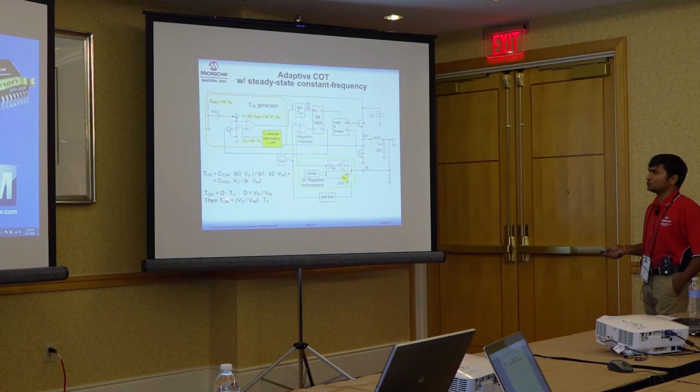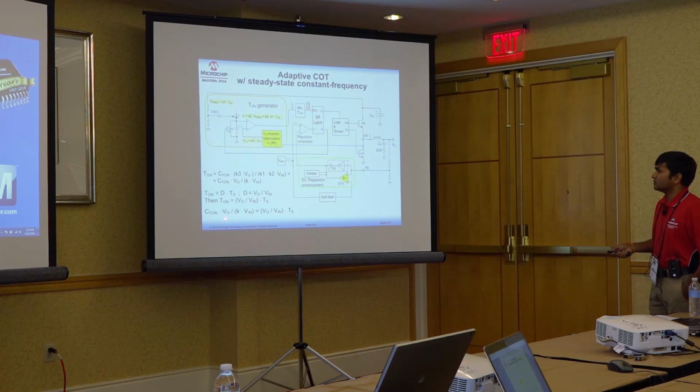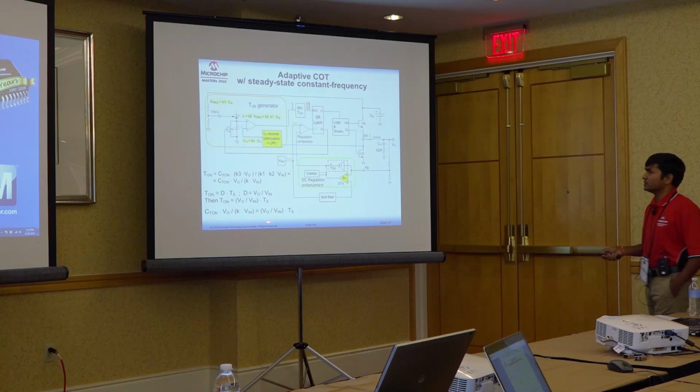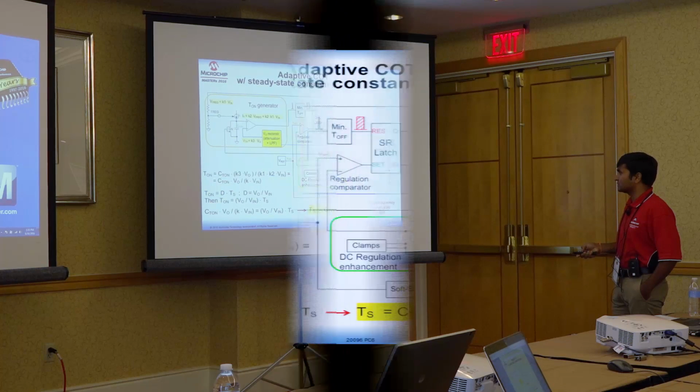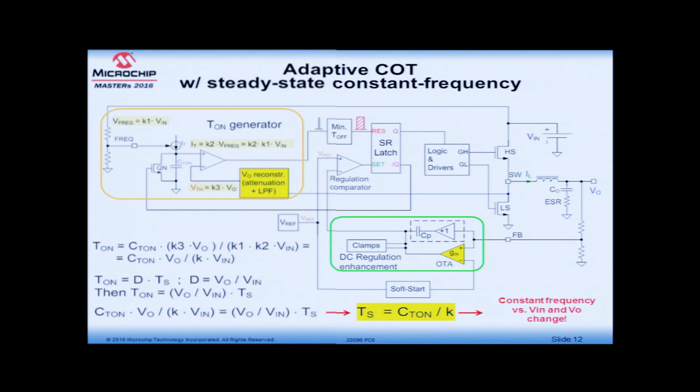So if you combine these two equations, C T on V naught divided by K V in equals V naught divided by V in multiplied by T s. If you further simplify, the switching period T s is equal to C T on divided by K, where K is the constant derived from K 2, K 1 and K 3.